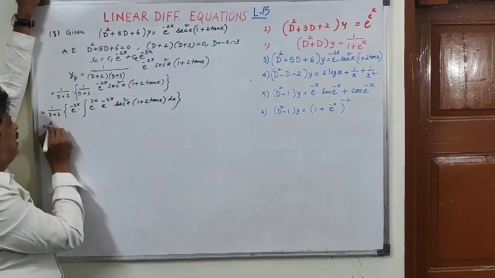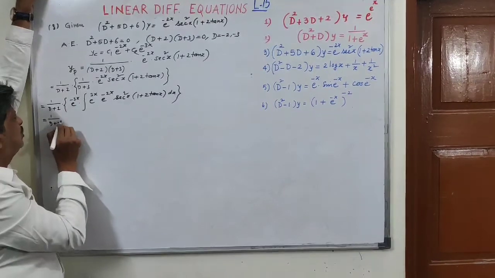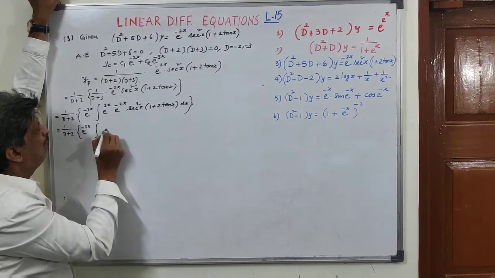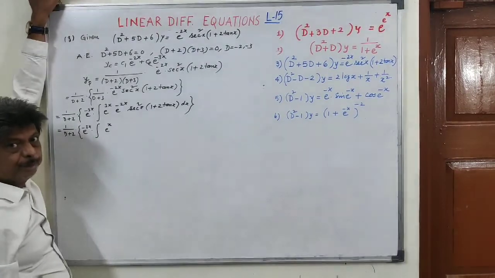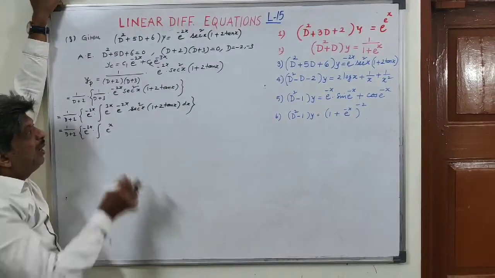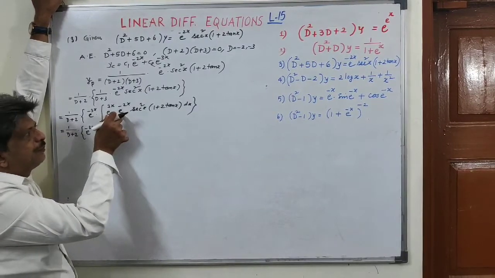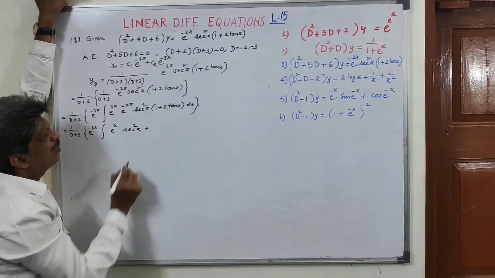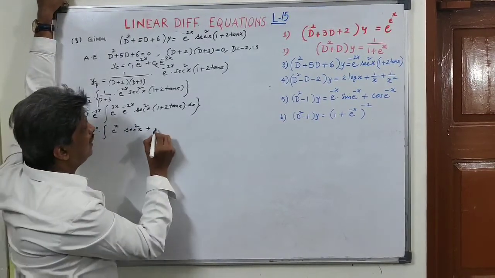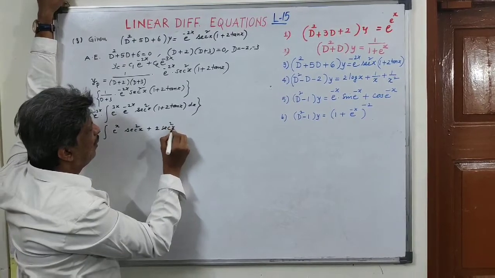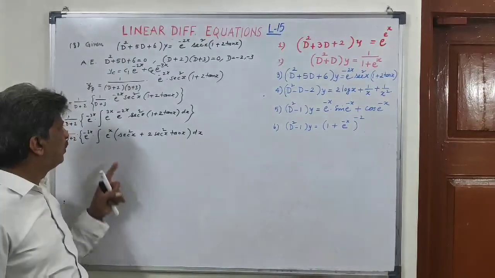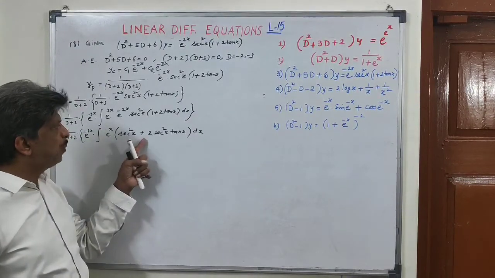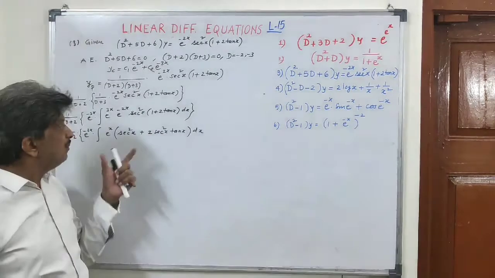So that reduces to 1 upon d plus 2 times e raised to power minus 3x into integral of this, which gives me e raised to power x into sec square x plus 2 sec square x tan x. So, integral e raised to power x into this bracket sec square x plus 2 sec square x tan x.